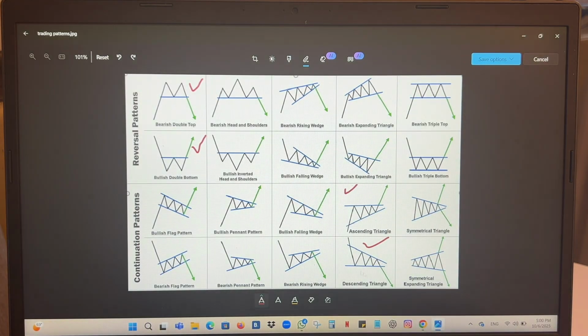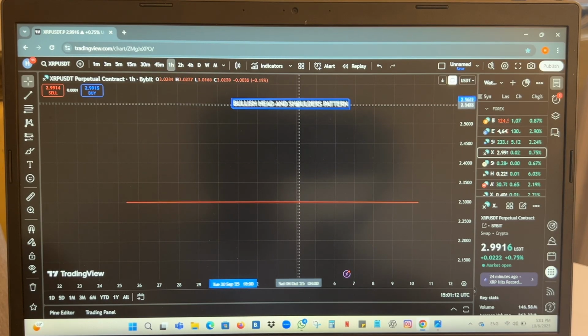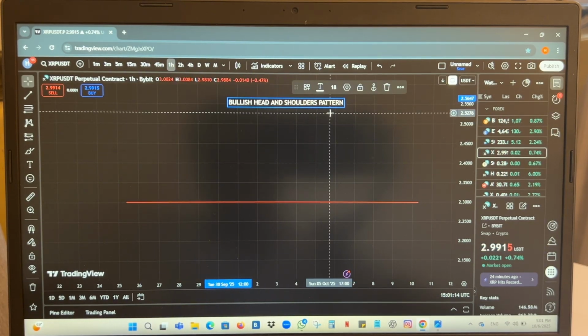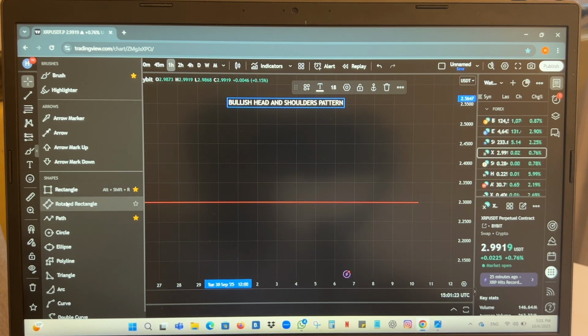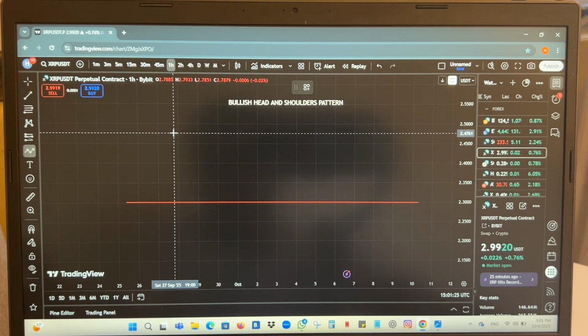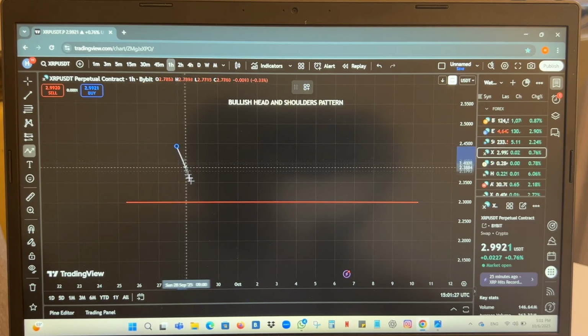So let's go to the chart patterns. What we did was the bearish head and shoulders, we talked about that. Now we will talk about the bullish head and shoulders. It's just like the one before; the only difference is that it is upside down. So let me draw it out for you. Initially the market should be in a downtrend.